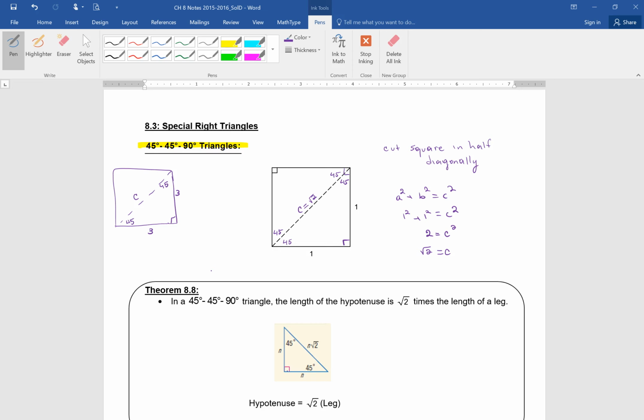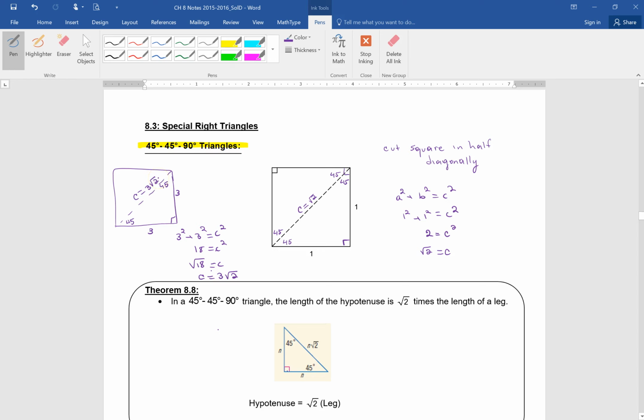So let's do the Pythagorean theorem for this one. You have 3 squared plus 3 squared is equal to c squared. 9 plus 9, that's 18, equal to c squared. So c is equal to root 18, but we really have to simplify that, and it's how much? 3 radical 2. Do you notice a pattern?